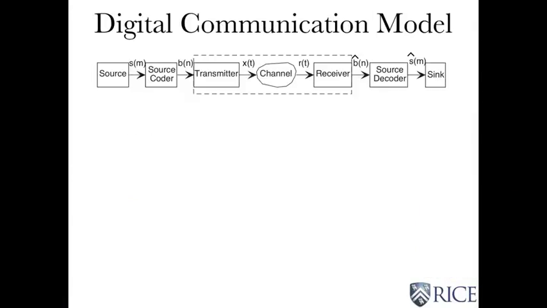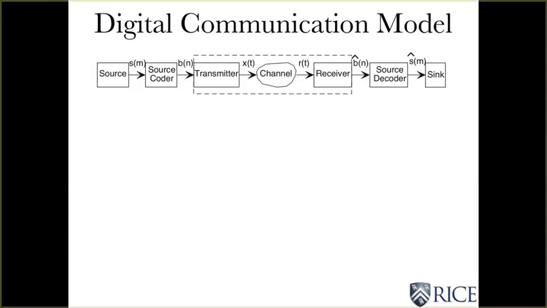Okay, so here's my digital communication model. You've seen this many times. There's one little change, and that's going to be important today. There's something I call the source coder. The idea is that this source is spitting out a digital signal like text. It's a sequence of letters, not necessarily bits, but a sequence of letters.